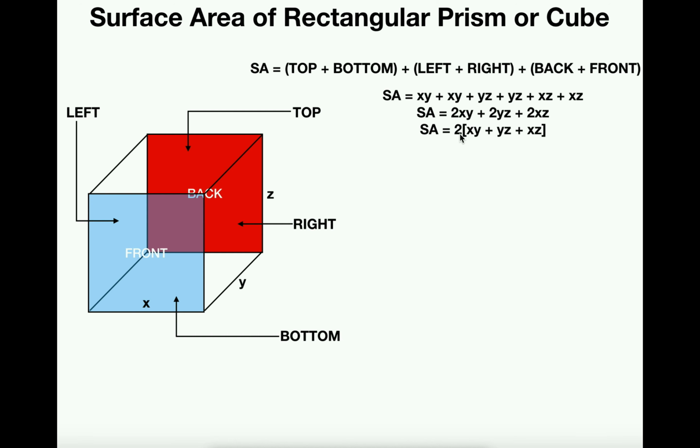Okay? And the reason you're doubling it is because each of these sides, xy or yz or xz, there's two of them. Okay? And again, this formula, while I never recommend memorizing formulas because you can have strange problems sometimes where one of these sides, let's say the right side, is neglected. Okay?